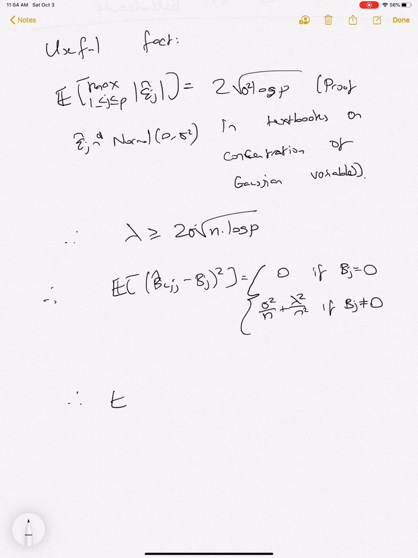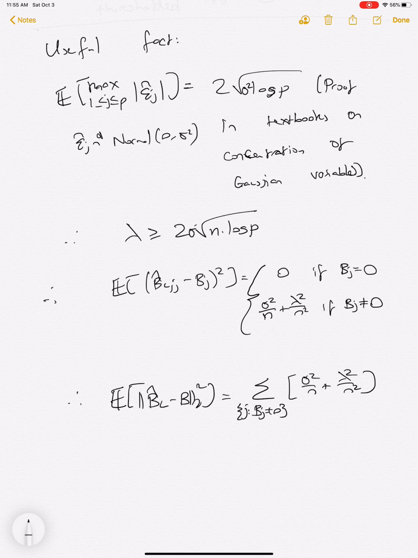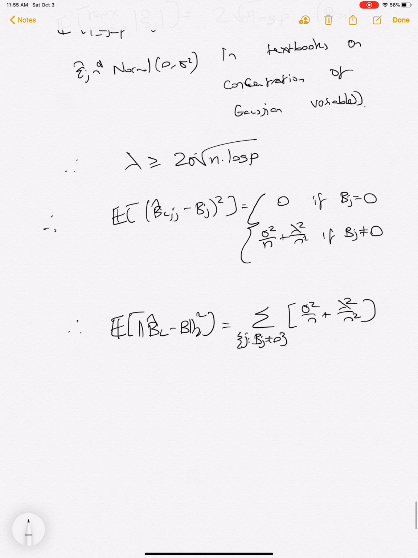Okay, and so therefore if we look at the overall mean squared error, you're only going to sum over the j such that bj is not equal to 0, and you're going to get sigma squared over n plus lambda squared over n squared. And then you also know that lambda is equal to 2 sigma times square root of n log p.